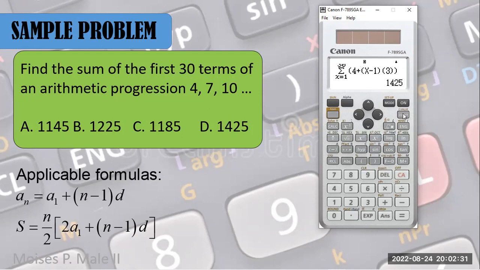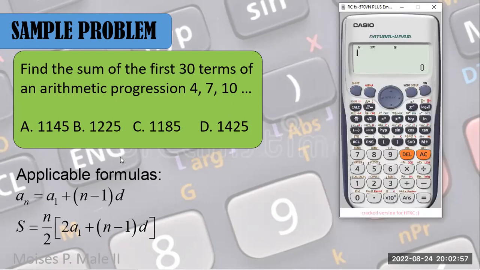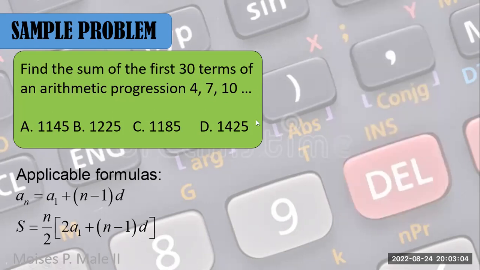Same thing doon sa Casio. Okay. So, hindi nyo ito masosolve using the summation nung nasa mode stat. So, ito din yung medyo advantage ni Casio over CANON. Kasi pag nasa mode stat kayo, wala kayong summation. Okay.